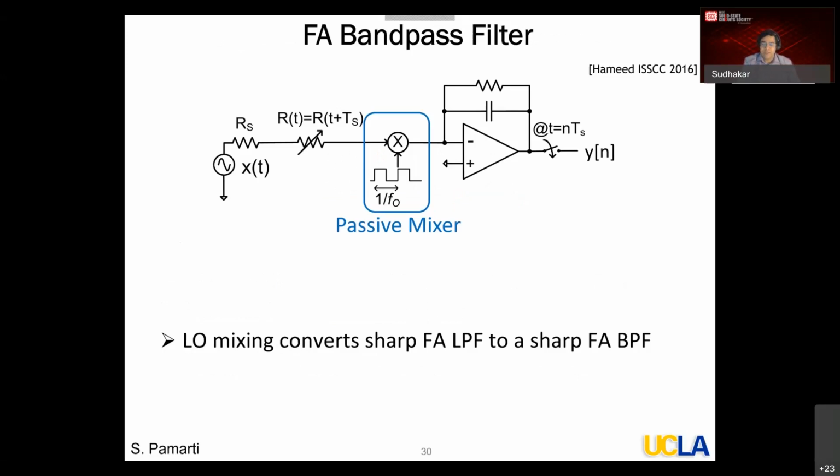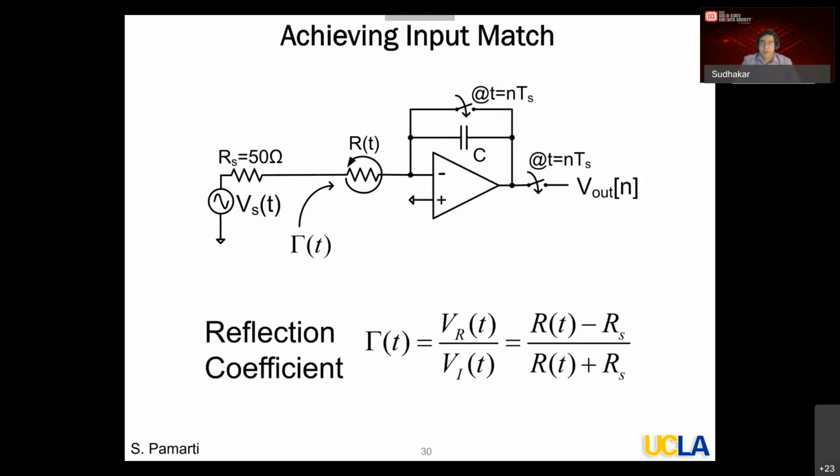If the passive mixer is at the LO frequency, then the LO mixing effectively converts the sharp low-pass filter to a sharp bandpass filter. Now, our filters are much, much sharper than conventional first-order, second-order filters, so you're going to get a really, really sharp bandpass. This is what we showed in ISSCC 2016, and I think a VLSI paper at the same time as well.